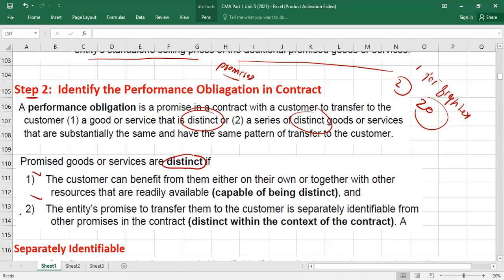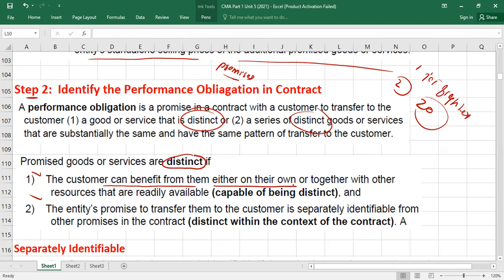Point number 1, I'm going to read with you: the customer can benefit from them, meaning from goods or from services, either on their own, maybe that good or service itself will give you benefit.